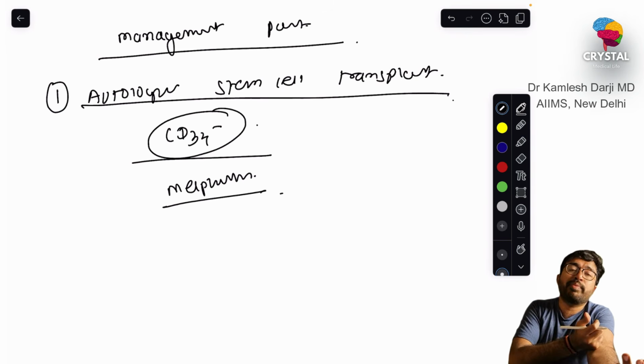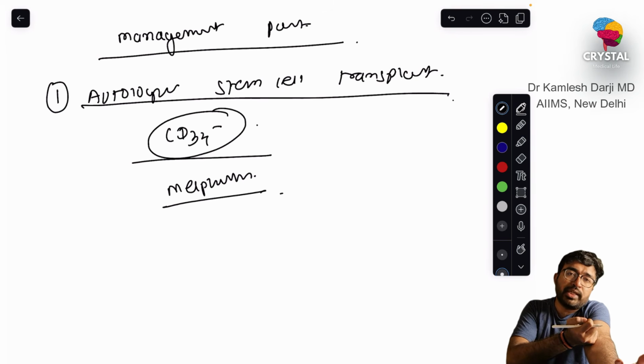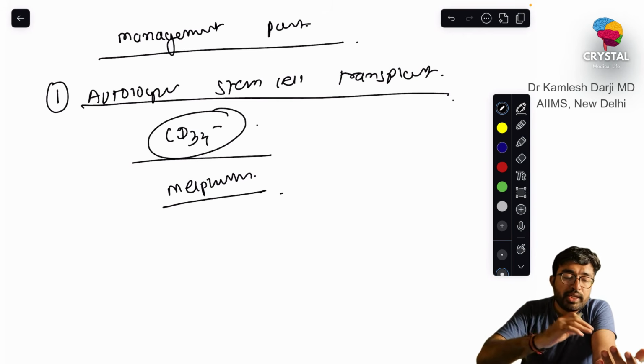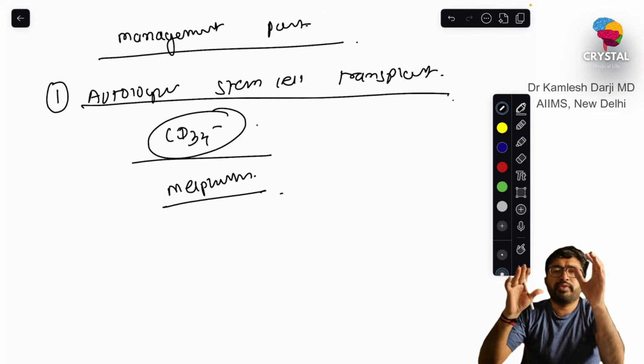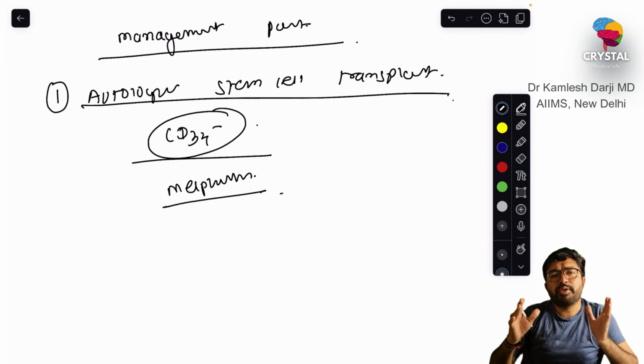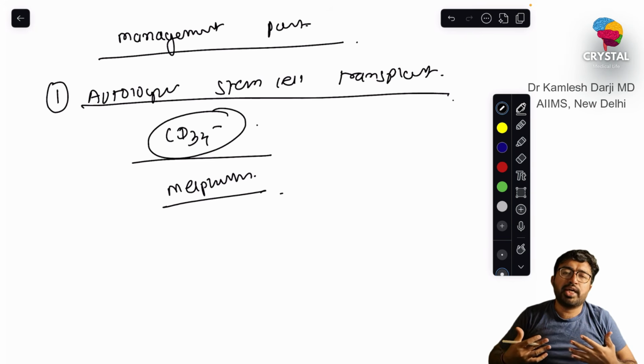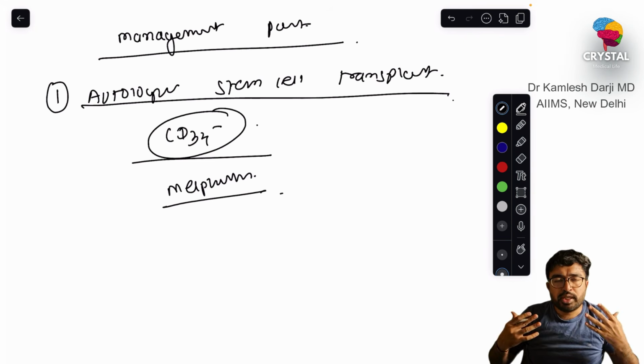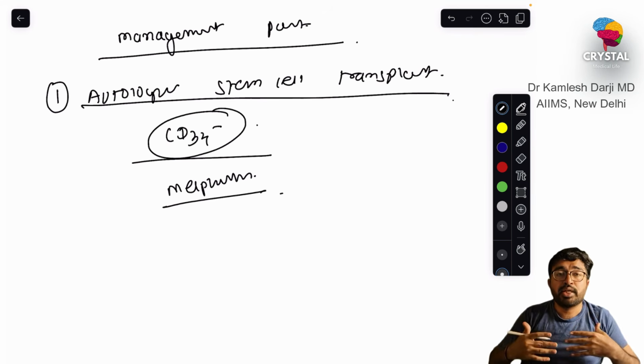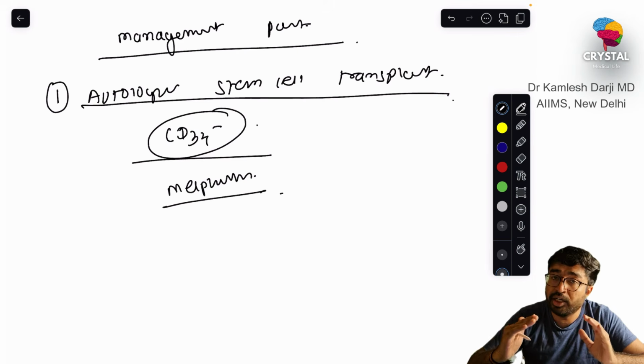They will insert into my medial cubital vein just like an injection. Okay, and this will go to my bone marrow. They will settle down there and they will proliferate, and the entire new system is created. Hematopoietic stem cells making all new RBC, new WBC, platelets, everything will be new.